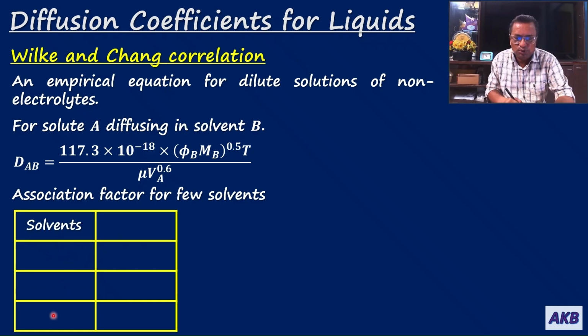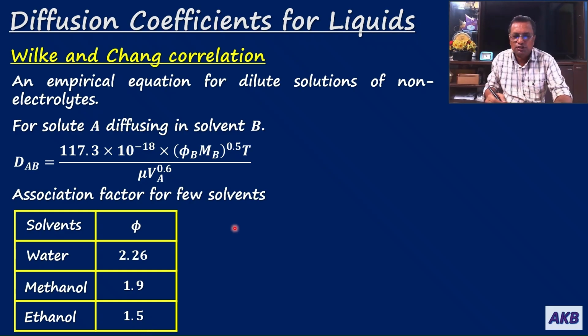If it is water, then phi is 2.26. If it is methanol, then phi is 1.9. And if it is ethanol, then phi is 1.5. So different solvents will have different values for this phi. What is phi? The association factor.